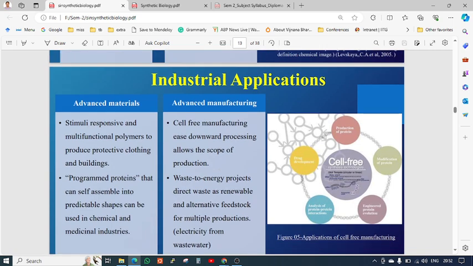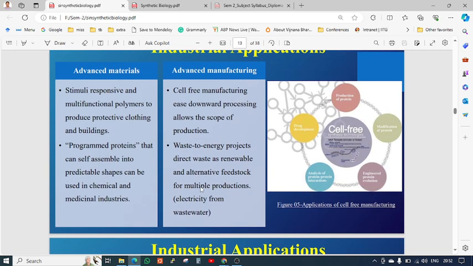Next application is industrial applications. We already discussed industry. We are going to synthesize different kinds of drugs, different kinds of vaccines, proteins. So in industrial advanced materials and advanced manufacturing processes, synthetic biology is also applied.